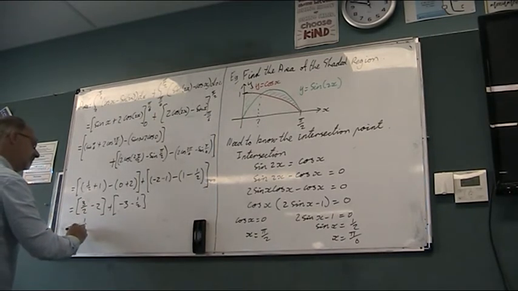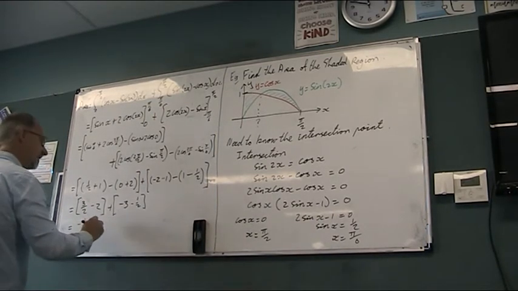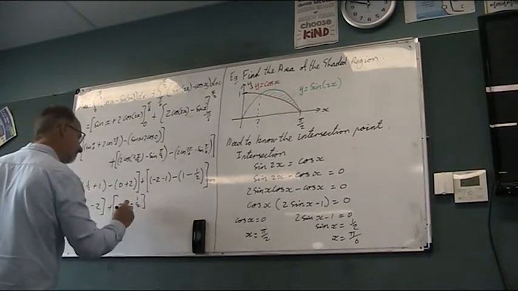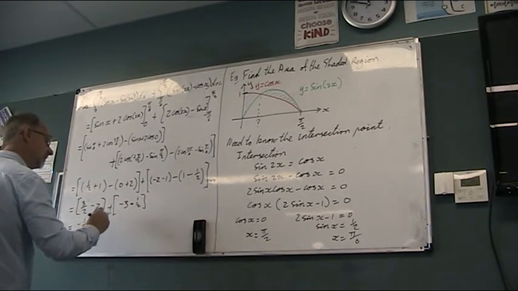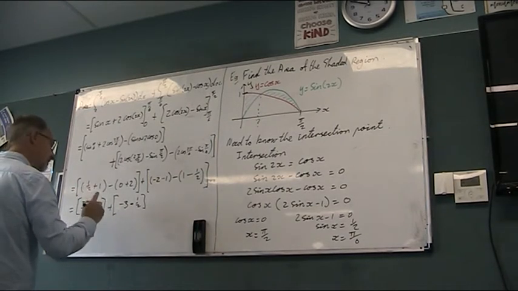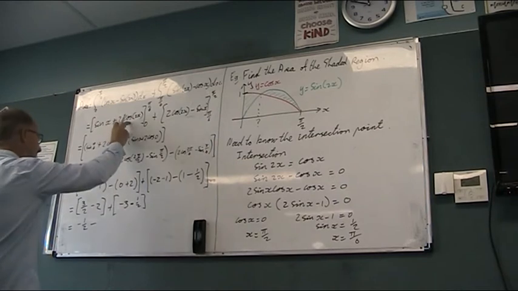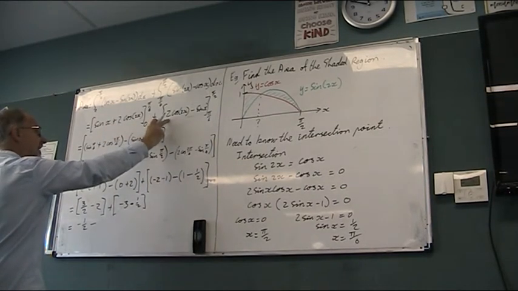Minus a half. I made a mistake somewhere here because I shouldn't get a negative value. Where's my mistake? Bet you I know where it is. It should be a half, shouldn't it?